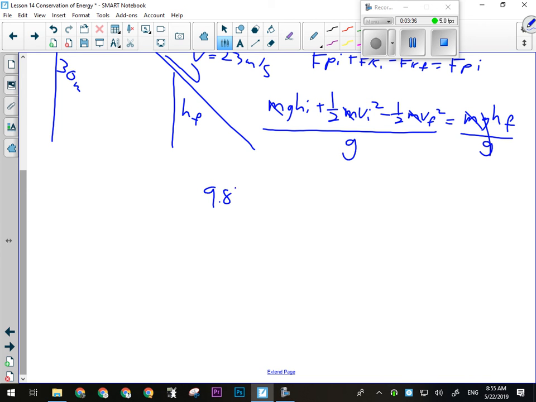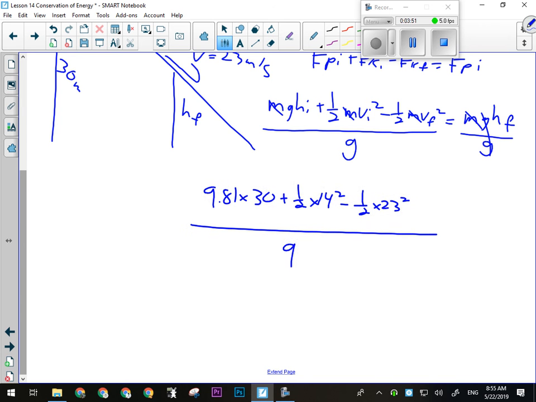All right, so we've got to plug in all of our numbers here. So that'll be 9.81 times 30 meters, the initial height, plus 1/2 times 14 squared, the initial speed, minus 1/2 times 23 squared, the final speed, divided by 9.81. That will give me my final height.